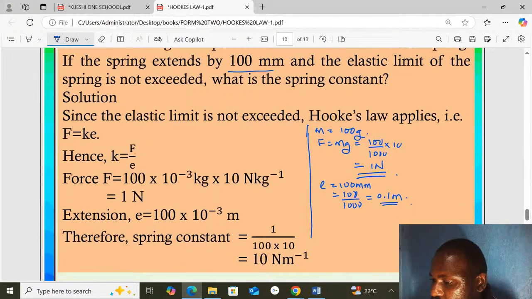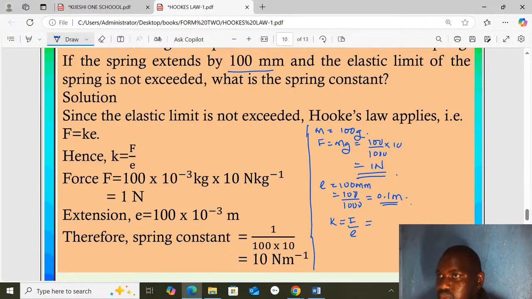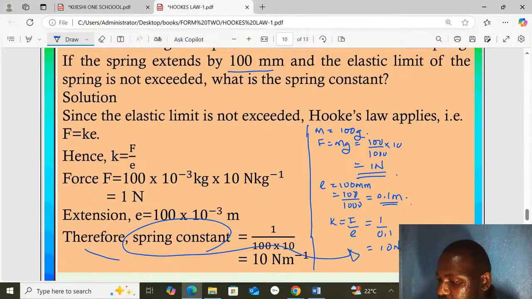Therefore, for us to get the spring constant, K will be given by force over extension. And this is 1 Newton divided by 0.1, and this is 10 Newton per meter.